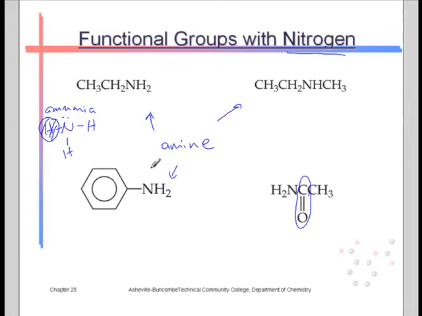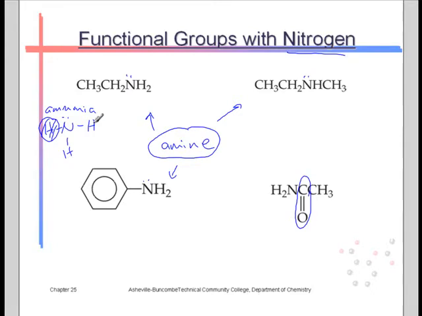We've actually come across some of these amines in the context of an acid-base reaction. Just like ammonia can act as a base when it's combined with an acid, any of these amines have a lone pair of electrons on each of these nitrogens, and they can act as a base when in contact with an acid.